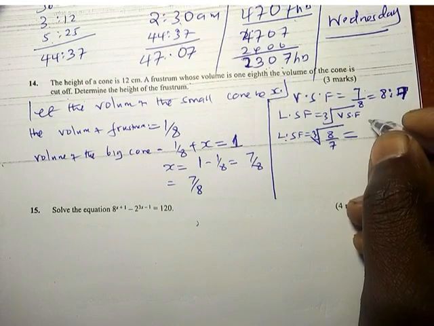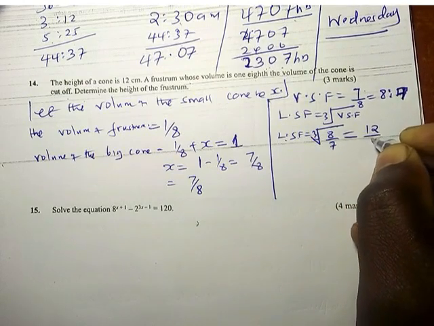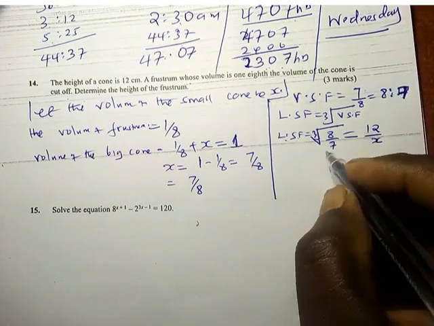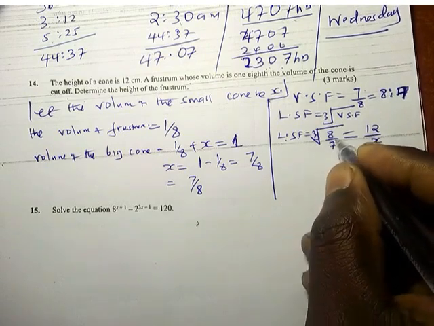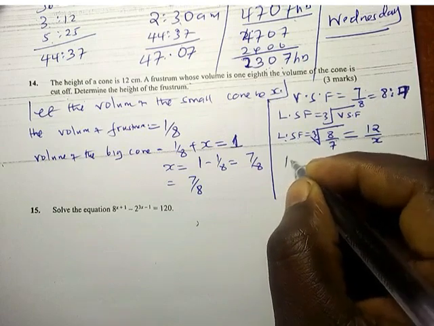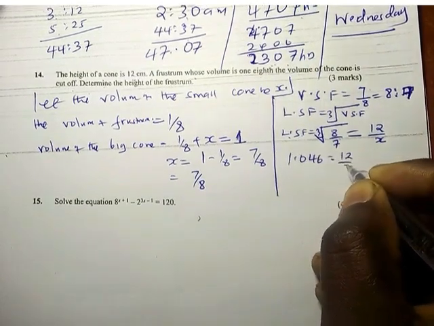And this one will be equal to the height, which is 12, that of big over small. We are determining the height of the small cone, 12 over x. So this one is going to be 1.046 equal to 12/x.